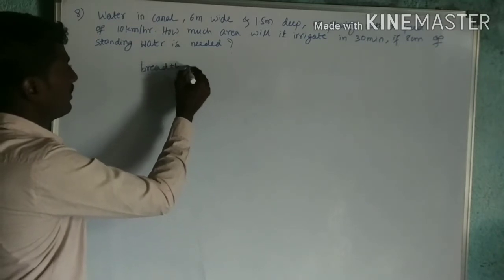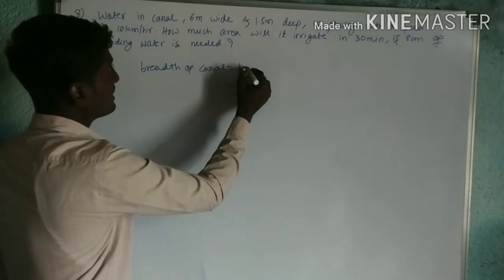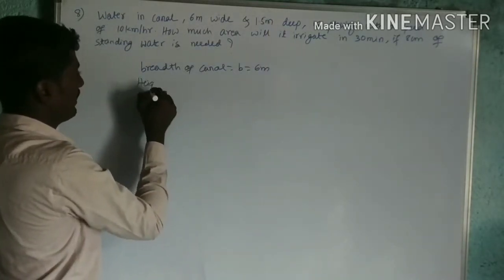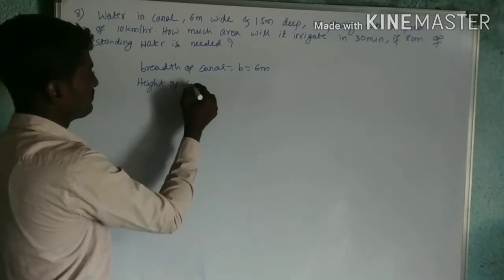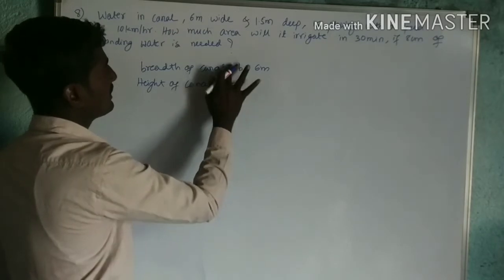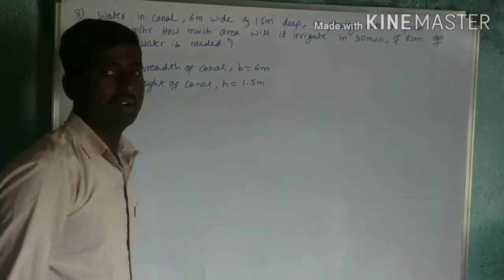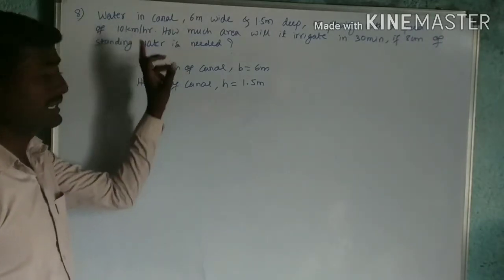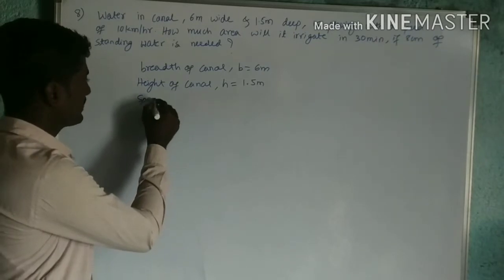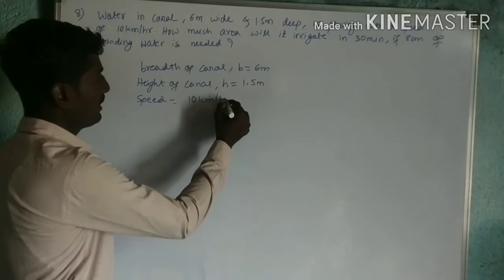Now, 6 meter wide means the breadth of the canal. Breadth of canal, I will take this as B, is 6 meter. Height of the canal, that is H, is 1.5 meter. First I must convert this speed in terms of meter per hour. Speed is 10 kilometer per hour.